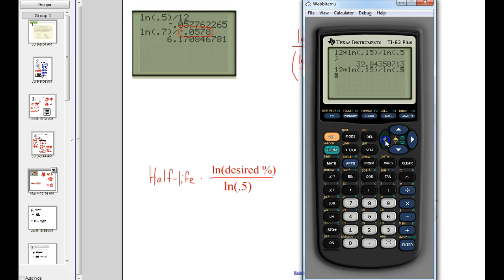If I wanted 30%, then I would write 30%. It doesn't take as long. If I wanted it to be all the way down to 5% remaining, it's going to take longer, 51.8. So this is a nice shortcut if you're given the half-life and you're being asked how long it takes to get down to some other particular percentage remaining.